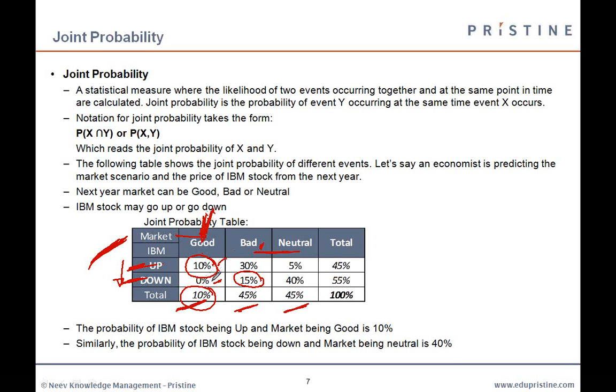That is nothing but the sum of this 10% and this 0%. Similarly, if I sum up 5% and 40%, I'm asking the question: what is the probability of the market being neutral tomorrow? I'm not attaching any condition on the IBM stock. The IBM stock can be either up or down. I don't care. So this 45% is the unconditional probability of the market being neutral tomorrow.